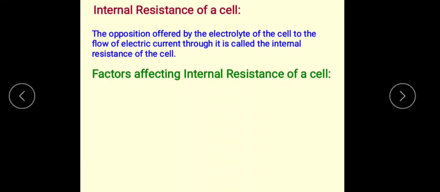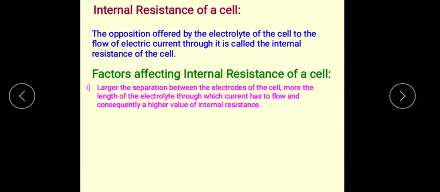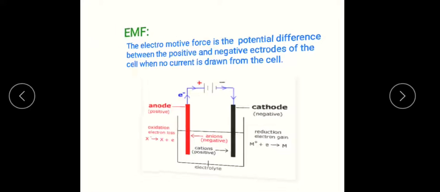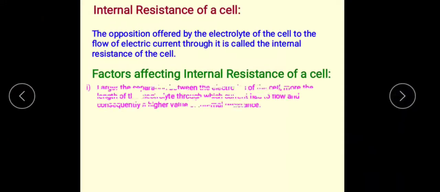The factors affecting the internal resistance of a cell: one is that the larger the separation between the two electrodes of a cell, the more the length of electrolyte through which current has to flow, and consequently the higher the internal resistance. If the separation is larger, the current has to flow a larger distance, so there is more opposition.